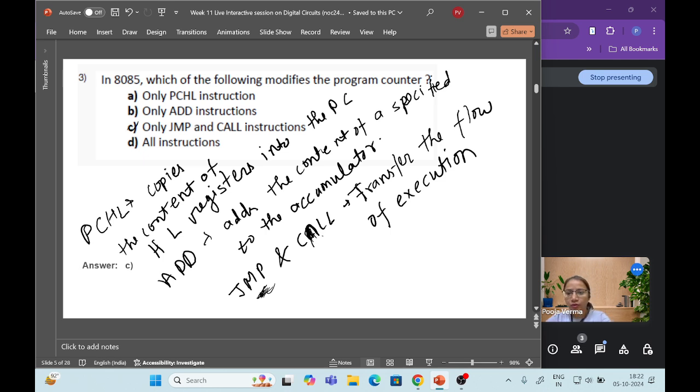So option C is the correct answer, because in the ADD operation the program counter will not be modified, and in PCHL also. Only JMP and CALL instructions modify the program counter. Okay, option C is the correct answer for this question.